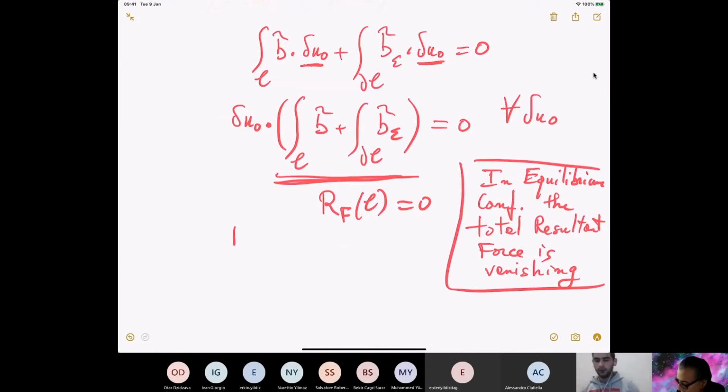And this is the first cardinal equation for dynamics.